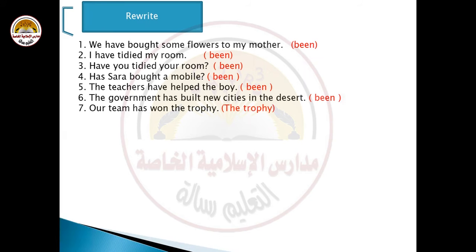New cities have been built in the desert by the government. Number 7, our team has won the trophy. The trophy has been won by our team.